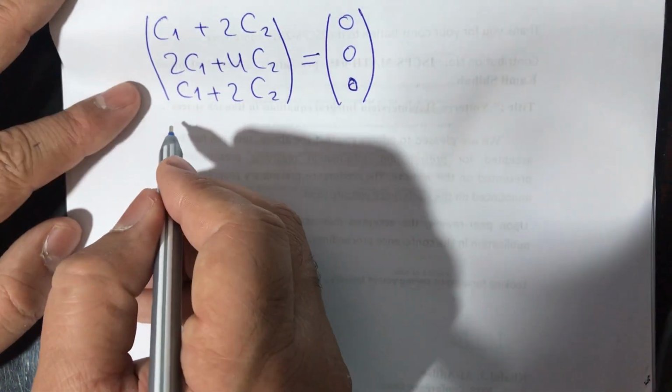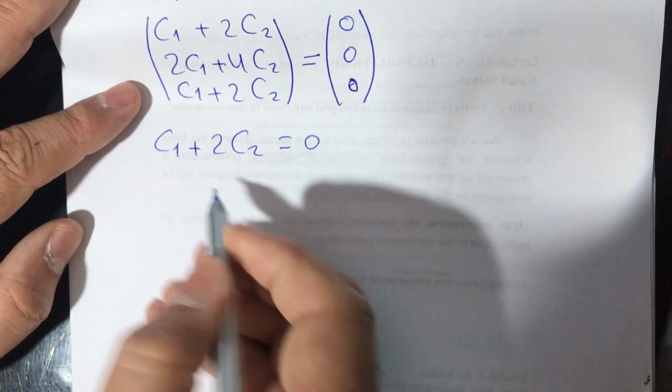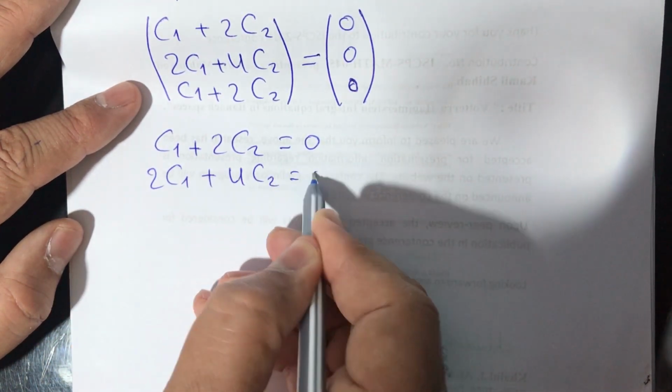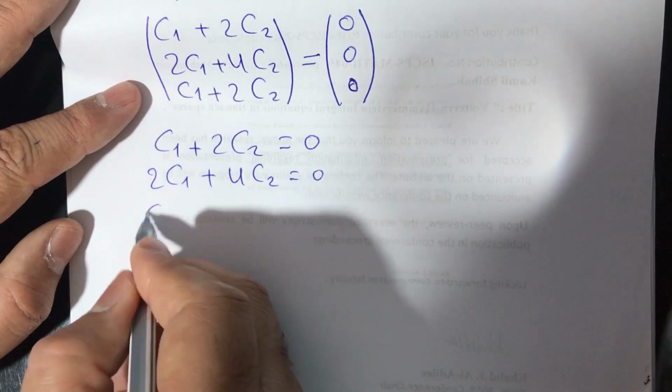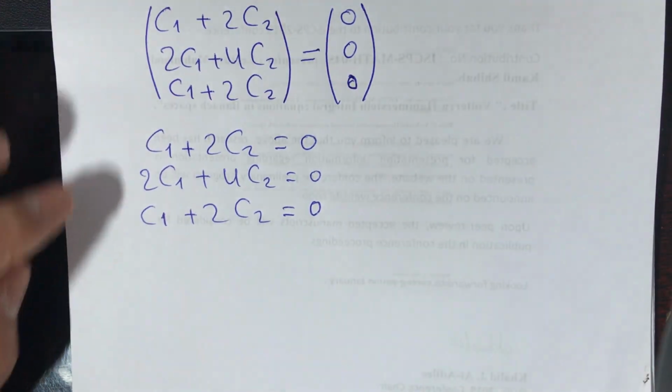C1 plus 2C2 equal to 0. 2C1 plus 4C2 equal to 0. And here C1 plus 2C2 equal to 0.